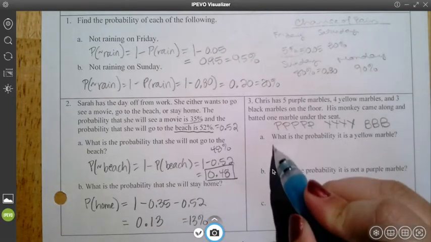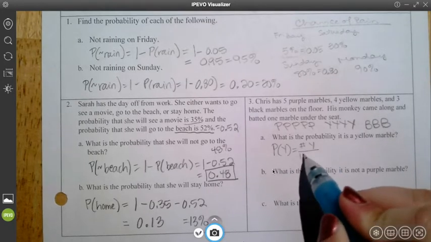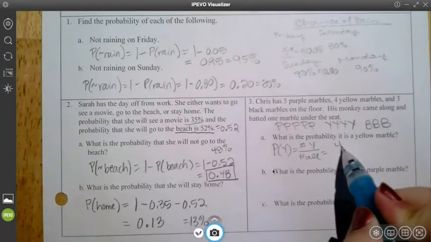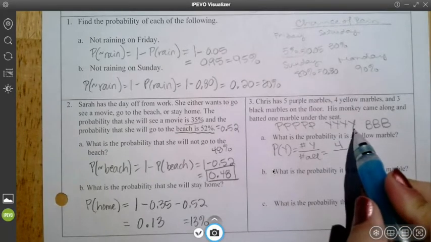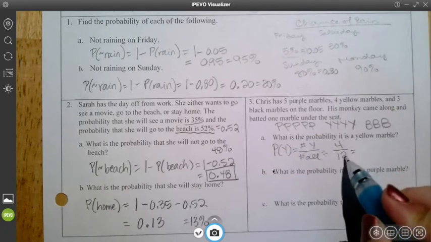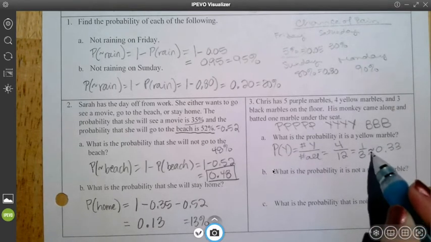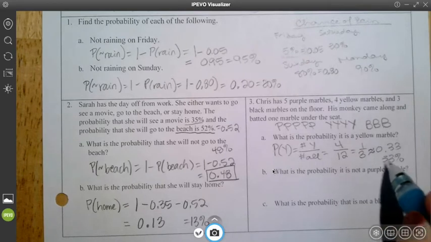So probability of yellow, number of yellow over all, 4 over 5, and 4 is 9, and 3 is 12, which is 1/3, or 0.33, or 33%.